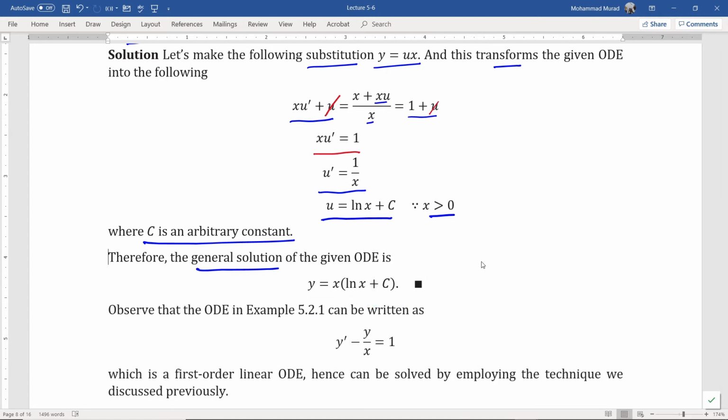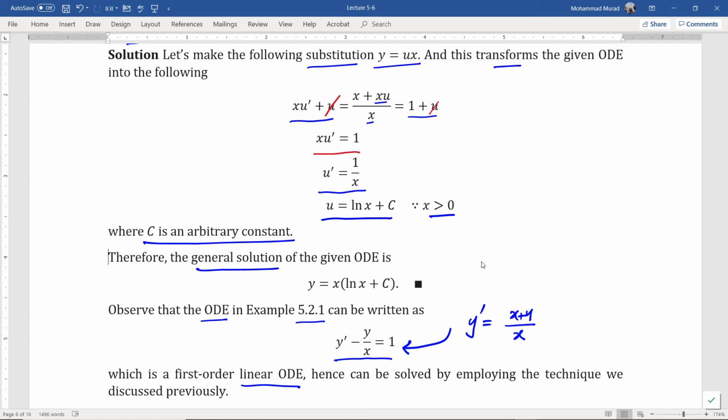Observe that the given ODE in example 5.2.1 can also be written in this particular form, which is a first-order linear ordinary differential equation.